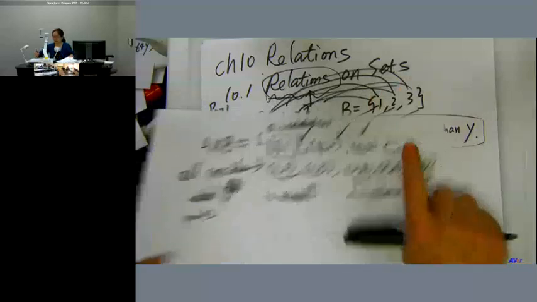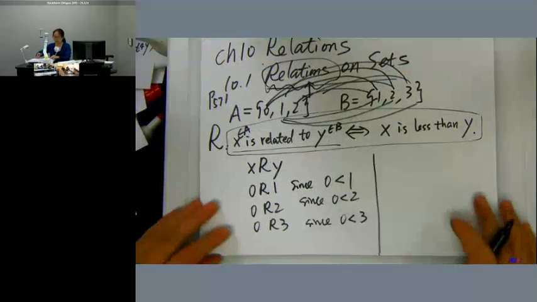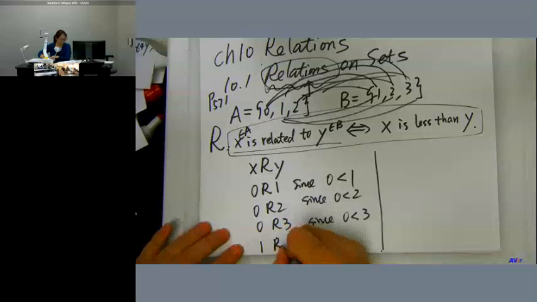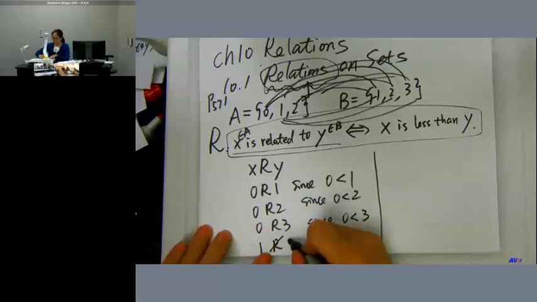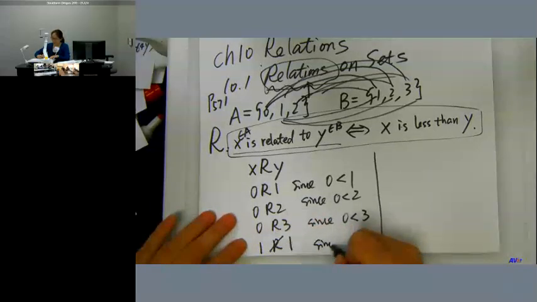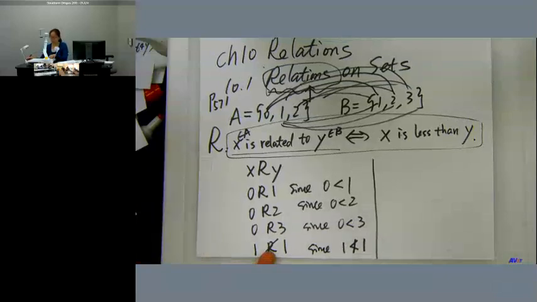Is 1 related to 1? No. So you can put a line through that. Say 1 is not related to 1 since 1 is not less than 1. So this means not related to.